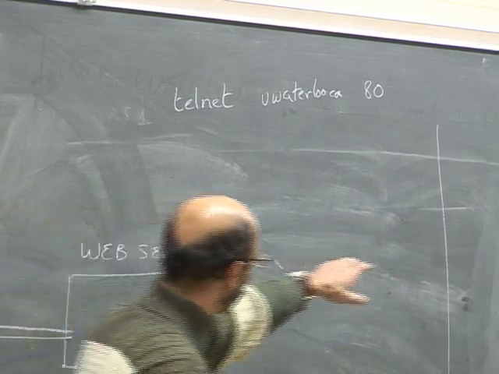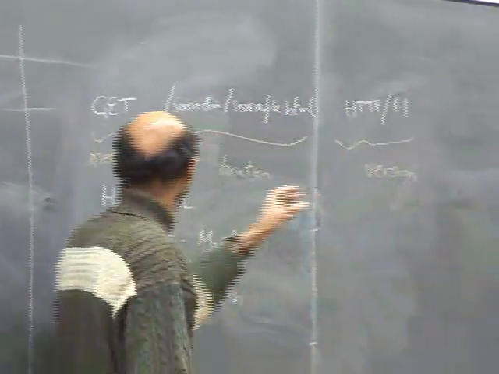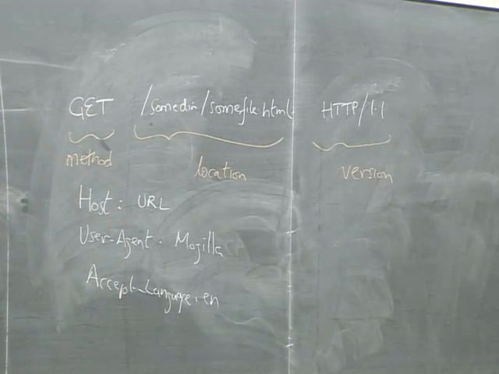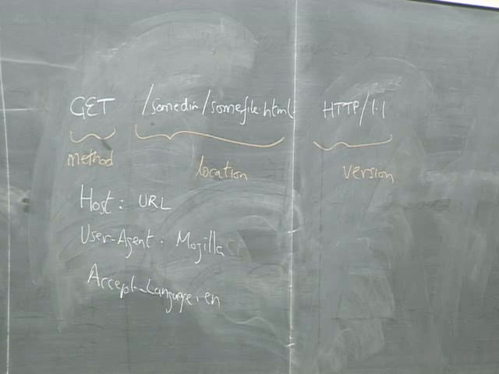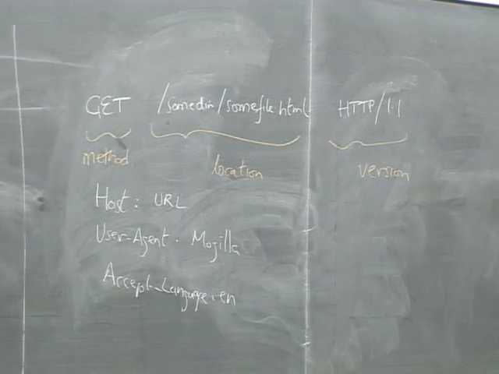And you can just type GET / HTTP/1.1. That's actually all you need to do, and you'll get back the Waterloo main web page, the HTML for it. So you can just read it on your screen. It's pretty easy to do. So you can see why having English text and understandable stuff is useful. So that's the other thing that these guys do, text-based.